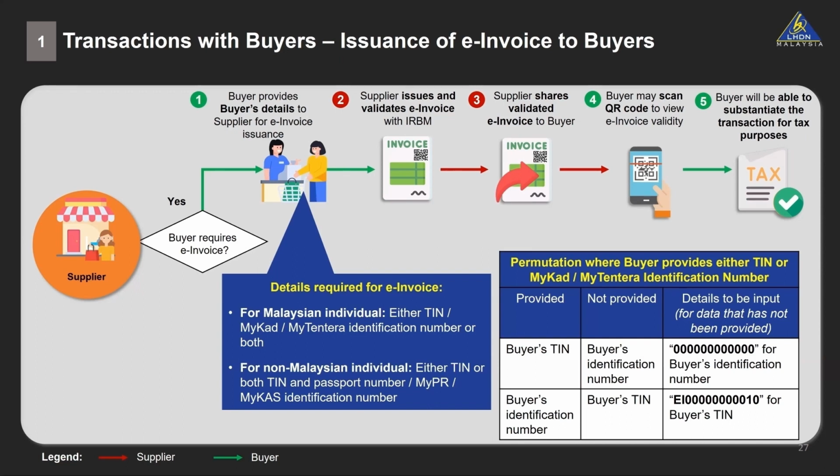Okay, sekiranya kalau kata buyer tu bagi sahaja TIN, so untuk nombor IC tu maknanya boleh letak 0000 ni lah. Kalau kata buyer tu hanya bagi nombor MyKad, so nombor TIN ni boleh letak E10010 ni, seperti mana yang ada dalam slide ni.